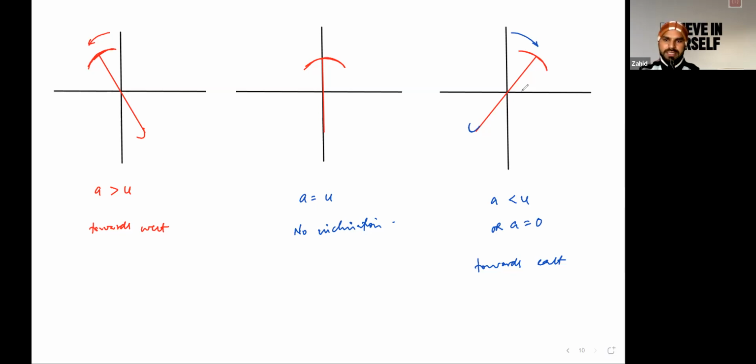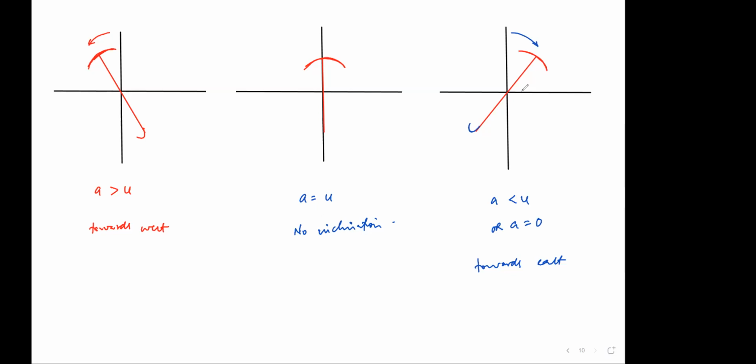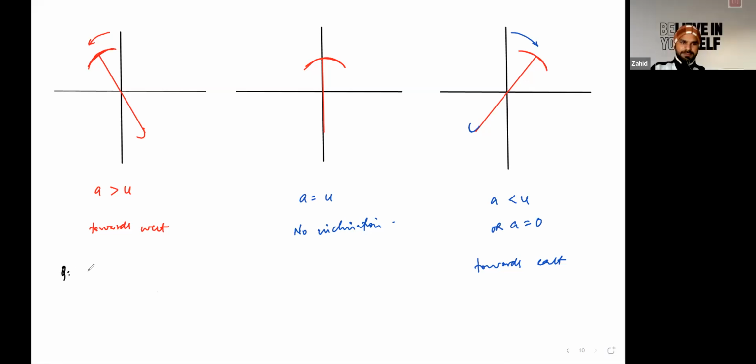The velocity of man is given, that is 12 meters per second, and the vertical component of rain, that is b, is given. So we'll calculate tan phi equals u by b. Is it clear, Ifra? Yes, sir. Sir, can you please write the things on the board? Okay, just 1 minute.